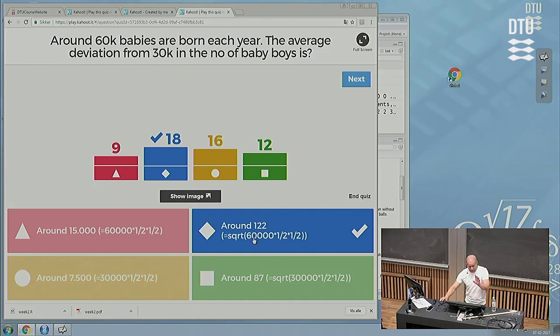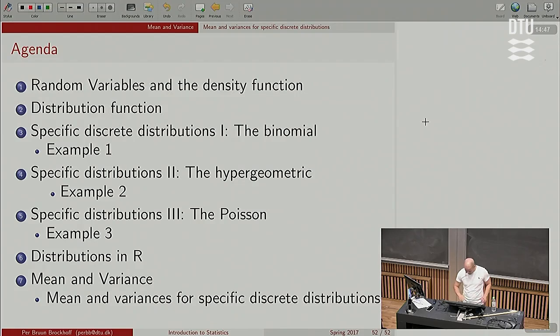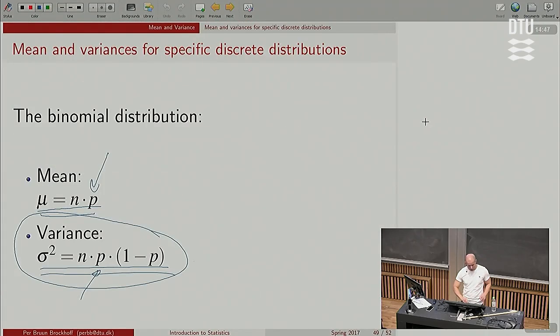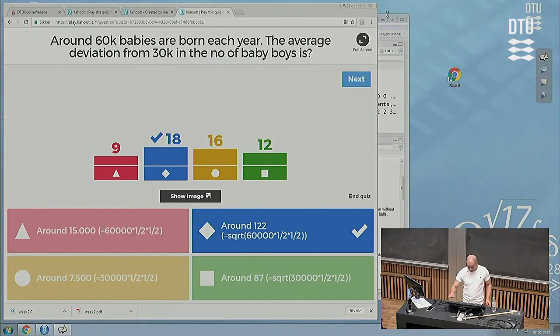60,000, that's the n. The binomial variance formula, as I told you, that was important. This is the binomial variance formula. 1/2 times 1/2, so 1/4 times 60,000, that's 15,000. Then I take the square root of this number, square root of 15,000, and that's 122 roughly.